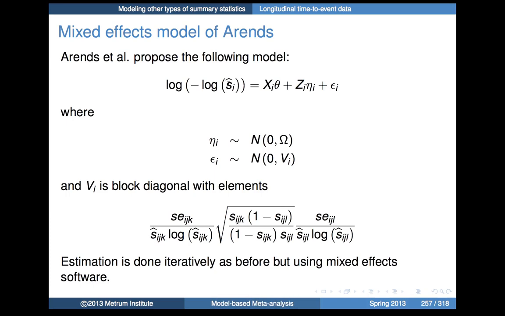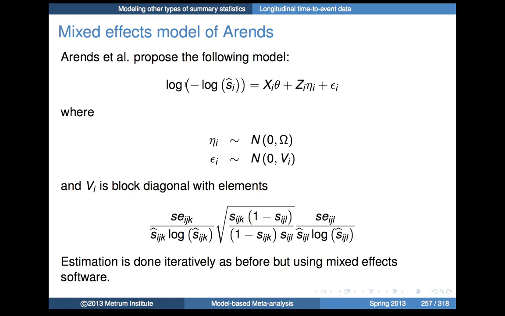So as s gets closer and closer to 1, this transformed value gets closer and closer to minus infinity. And similarly, as s gets close to 0, the log of 0 goes to something like minus infinity, and the log of minus infinity gets to be closer and closer to infinity. So as s hat gets closer and closer to 0, this transform value gets closer and closer to infinity.